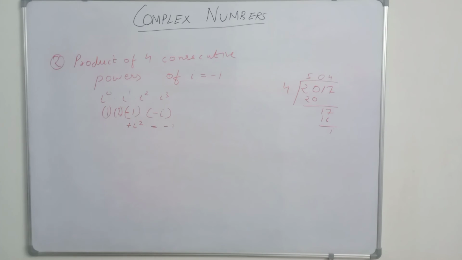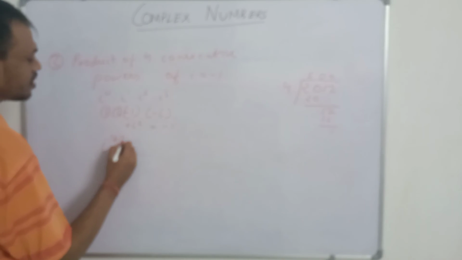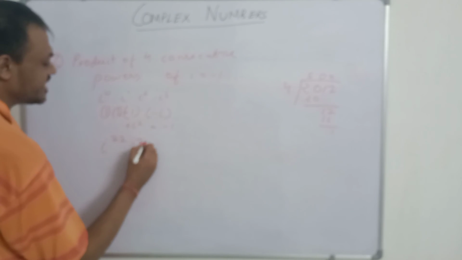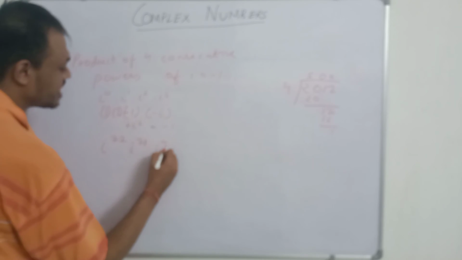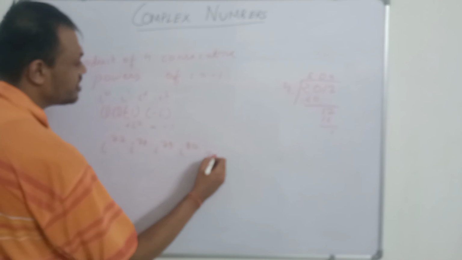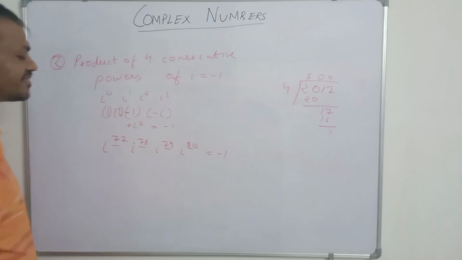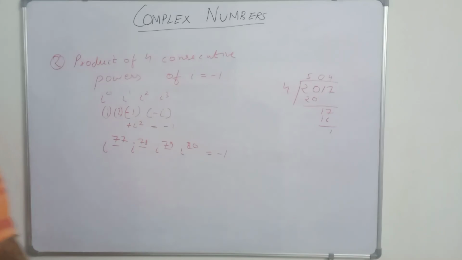So if we have a term, say iota to the power of 77 dot iota to the power of 78 dot iota to the power of 79 dot iota to the power of 80, then this will be equal to -1, because these are four consecutive powers of iota: 77, 78, 79 and 80.